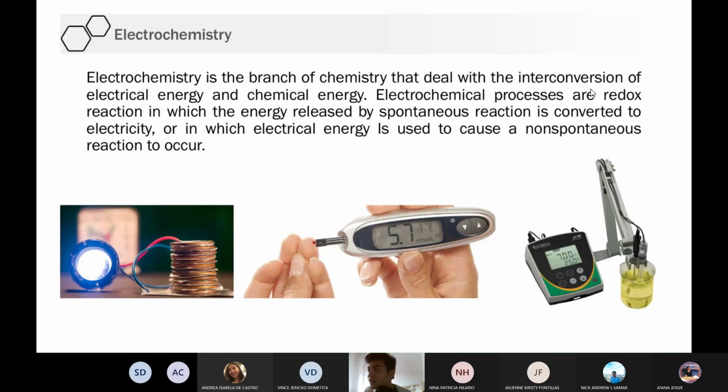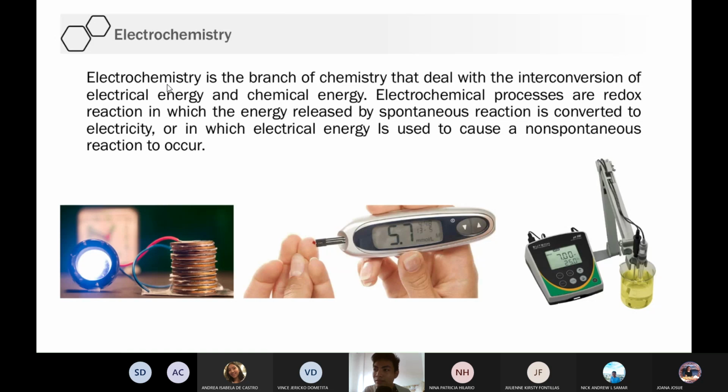Okay? So you may ask yourself, important ba to sa field namin? Kasi it seems that electrochemistry is parang pang-engineering na yan, sir, kasi conversion of energy. But the knowledge of electrochemistry will actually help you understand the apparatuses or the equipment we use in the laboratory.